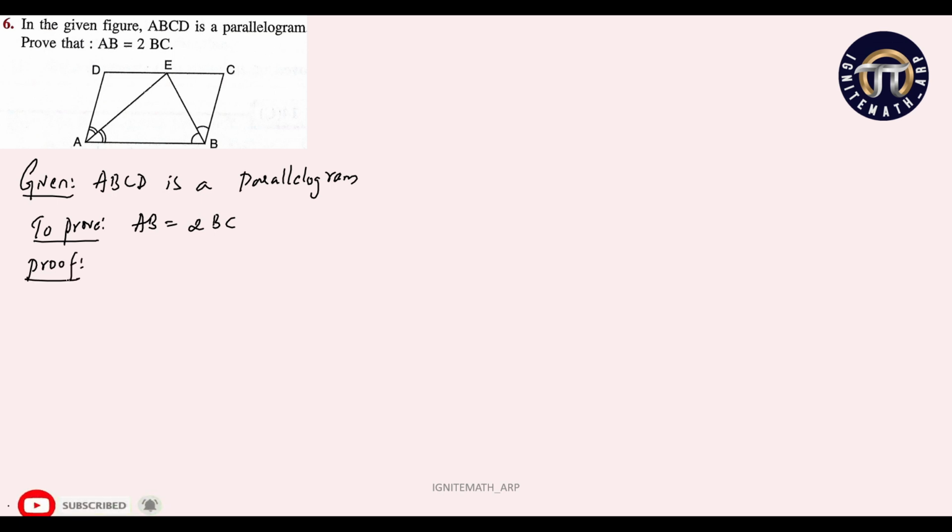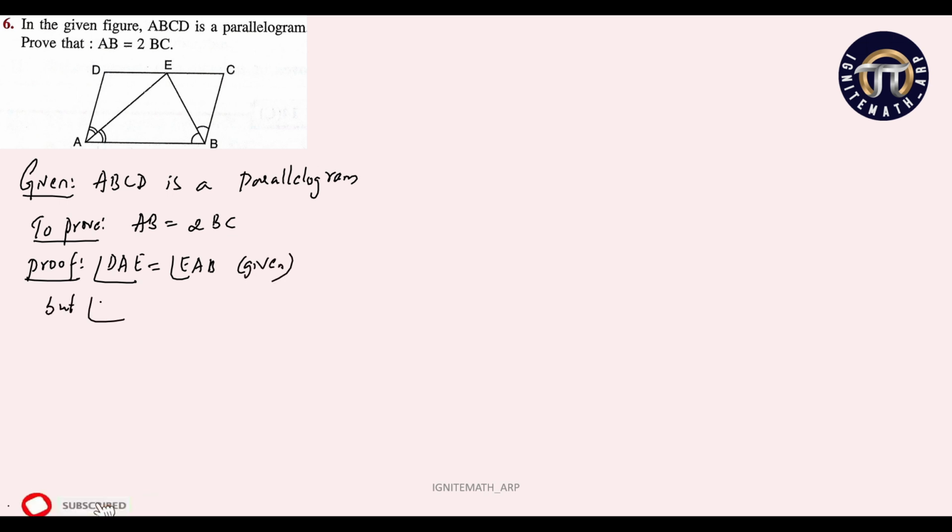Right, so now please pay attention. Here they have given that AE bisects angle A, BE bisects angle B. So now I can say that angle DAE is equal to EAB. This is given, right?